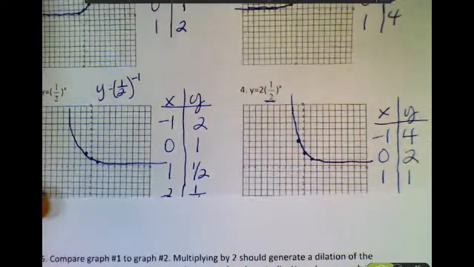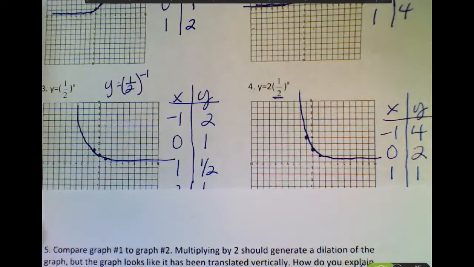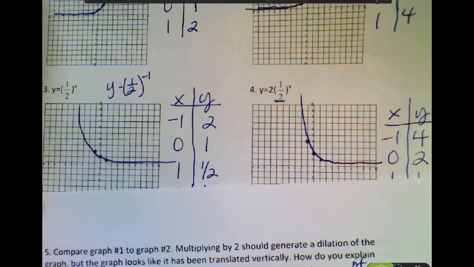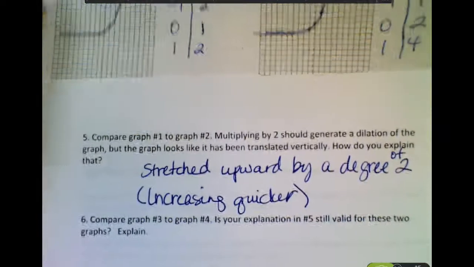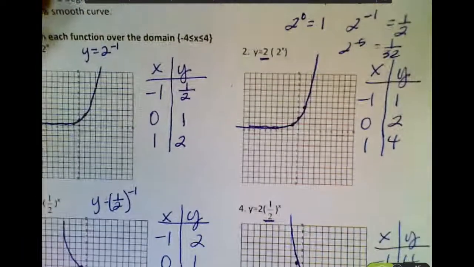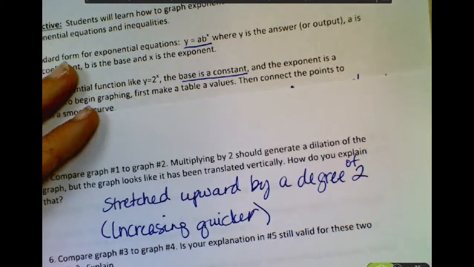Graph 3 to 4, what's happening? Not really stretched now. I guess it's stretched, but it's stretched in the opposite direction, right? So for 1 to 2, it's increasing quicker. Okay. In our decay functions, from 3 to 4, it's actually decreasing quicker, right?